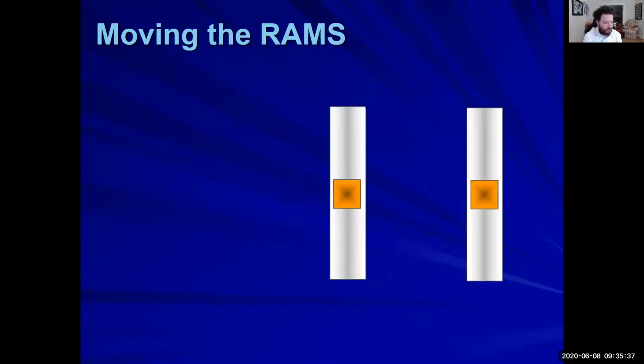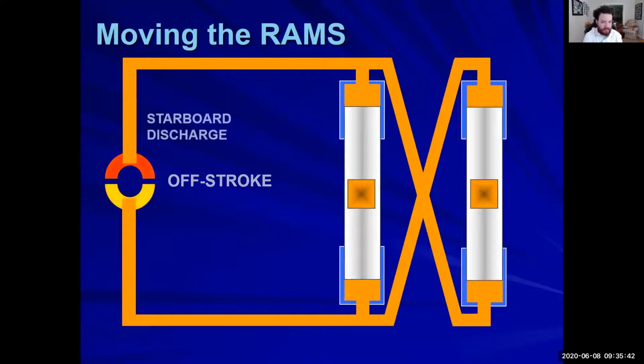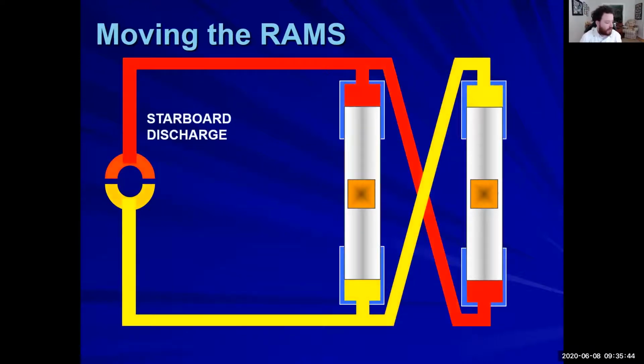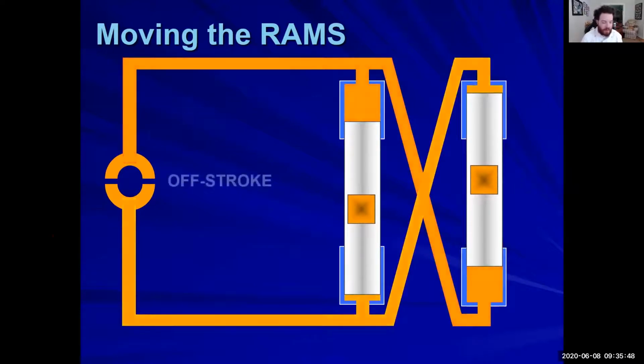So in order to move the rams, we're going to use one of those axial piston pumps. If we look at that, on one side, we come over.